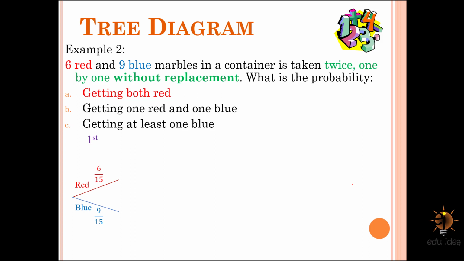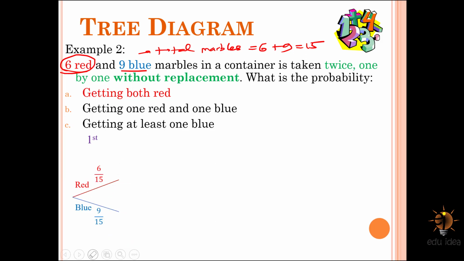Then we have the probability of getting red and getting blue the first time you take a marble. The 6/15 comes from the 6 red, and the total of marbles is 6 plus 9, which equals 15. That's why we have 15 as the denominator.